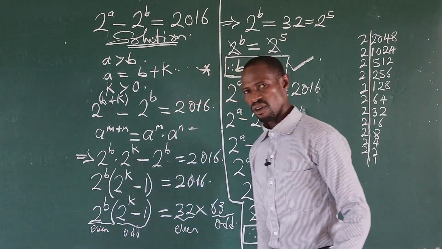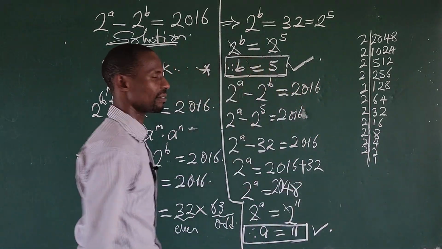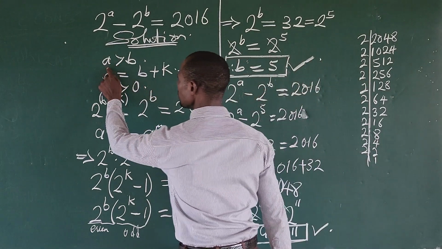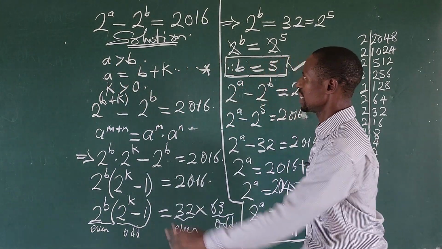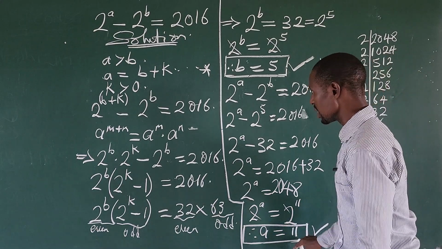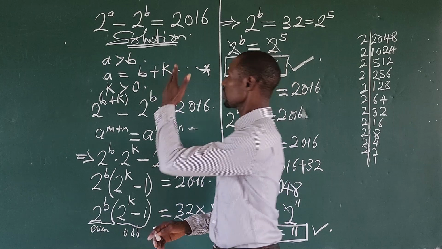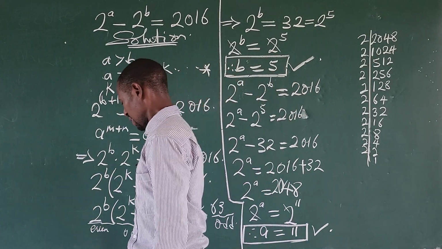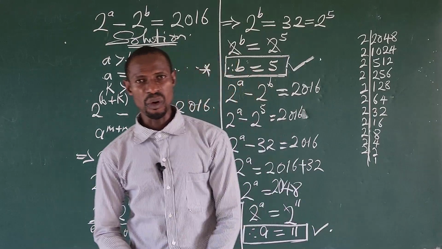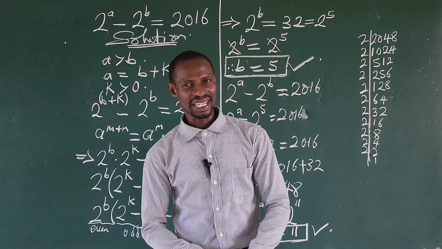So we have solved for a to be 11 and b to be 5. If you remember, we said initially that a must be greater than b for this equation to hold. And if you put these two values into the original equation, you discover that they give the right answer, which is 2016. I've done that already, and it satisfies the original equation.